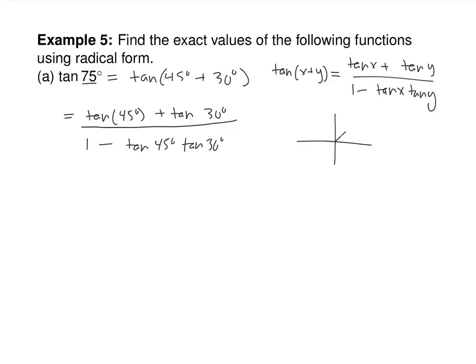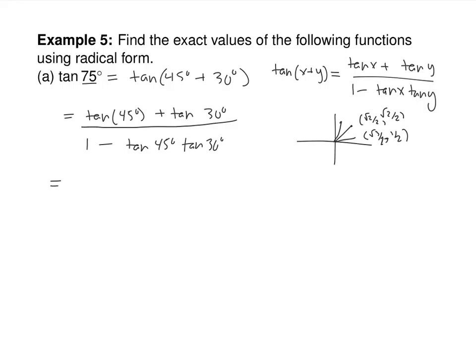Okay, so there's 45, here's 30, there's 60. The coordinates at 45 are one of the easiest, right? What are the coordinates at 45? They're both root 2 over 2. How about this first one? Root 3 over 2 and a half. Okay.